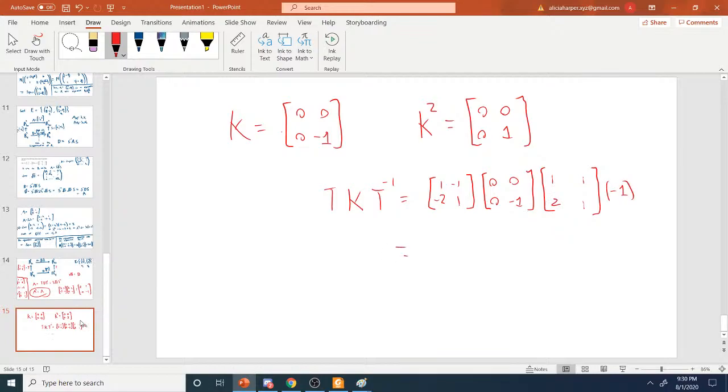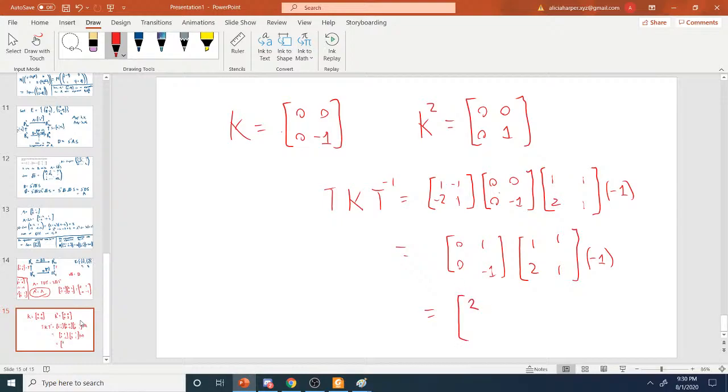So let's simplify this. I multiply this matrix by this matrix. I get 0 here. I get 0 here. I get 1 here. And I get -1 here. And then I multiply it through by this matrix. And let's see what I get.